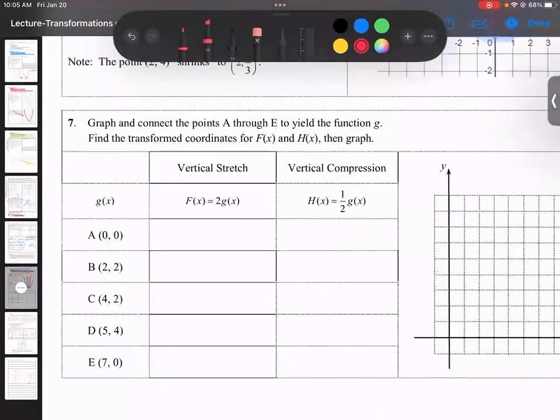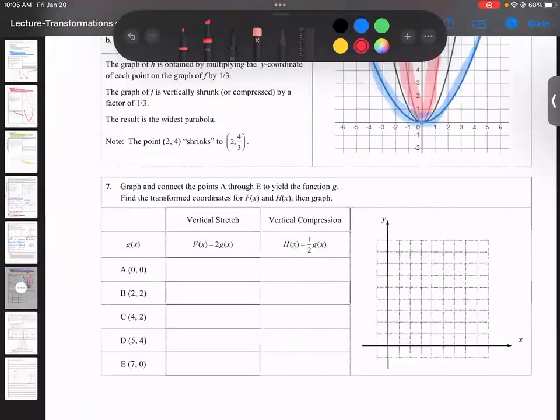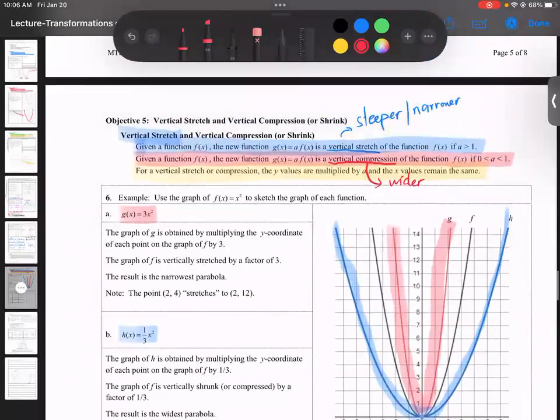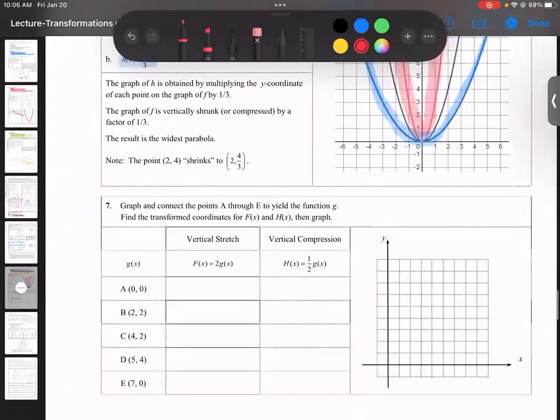Right, let's do number 7. G of x is all these points. And for big F of x, I'm going to double my function. If I double it, does the x change? No, right? That's what they say. I want the one I highlighted in yellow. X remains the same, and you double the y. What color do I use here in my notes?